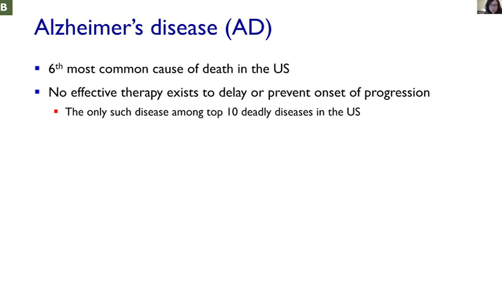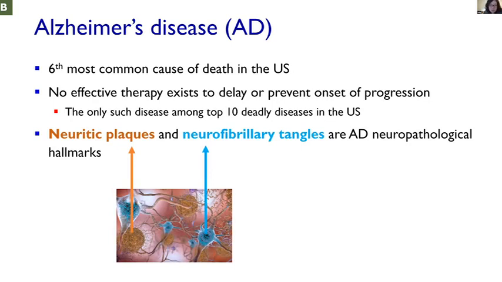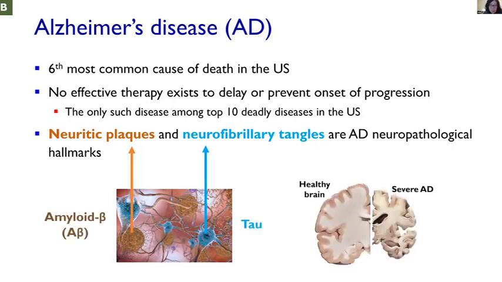Critical barriers include the lack of molecular-level biological understanding of the neuropathological hallmarks, whose building blocks are A-beta and tau. So how can explainable AI help with that?